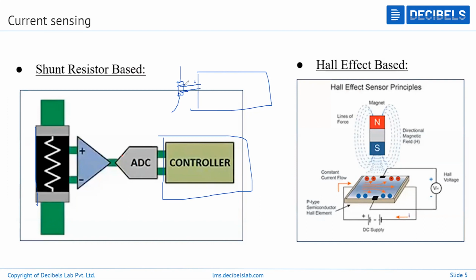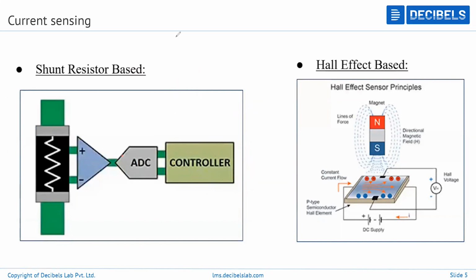With that, whenever you draw the current, you are going to see the voltage difference across the resistance. Based on that, you derive the current values. So this can be externally held. You don't need to include it in the microcontroller, so that even high current ratings can be measured.